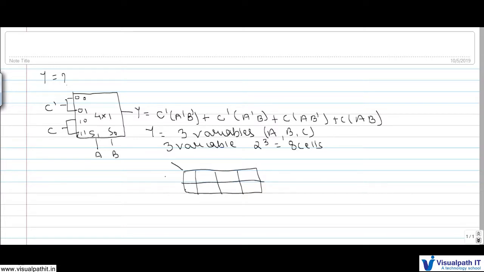This is the K-map that I have. It has a dash, a, b dash c dash, b dash c, bc and bc dash. So the first is c dash a dash b dash, so this will be 1. Then c dash a dash and b, so this will be 1.